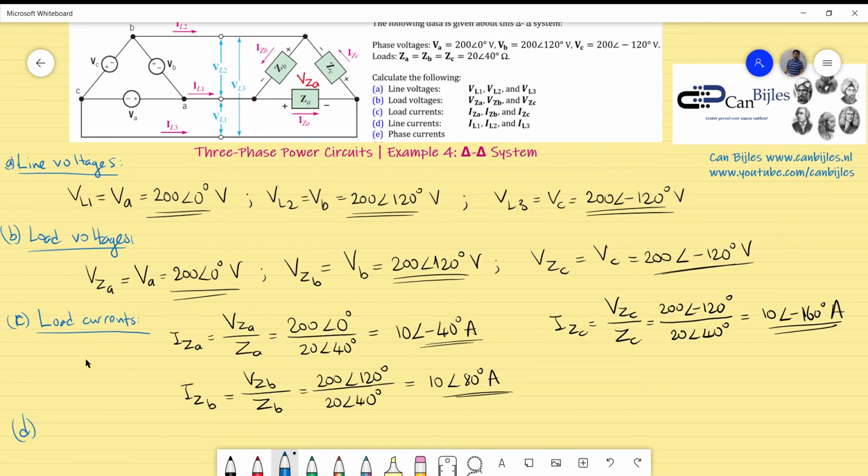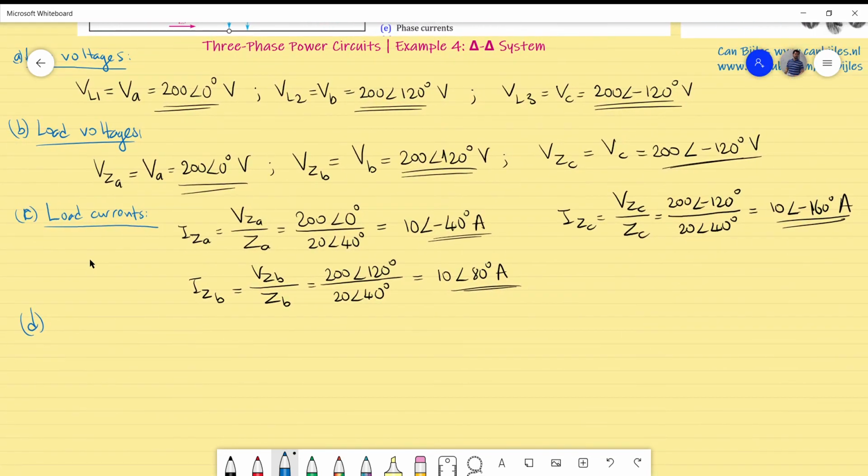So what we can do is the following. So let's make the title clear. So line currents. So I will require IL1, which is IZA minus IZB.